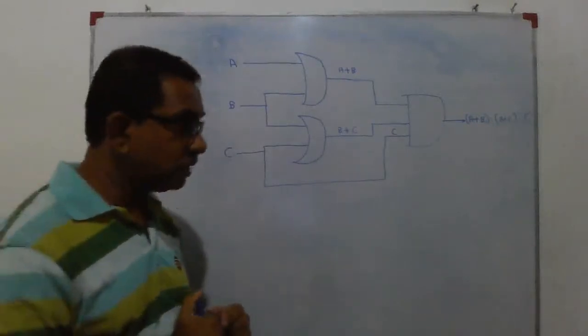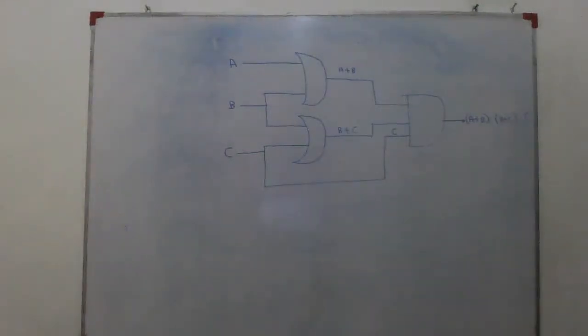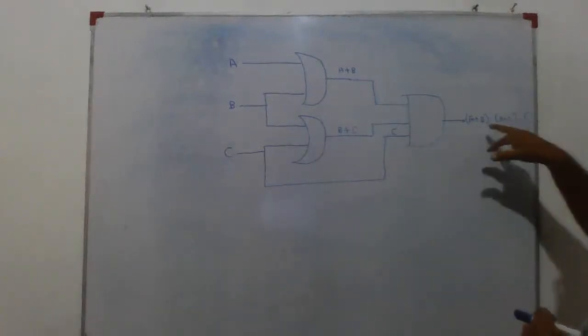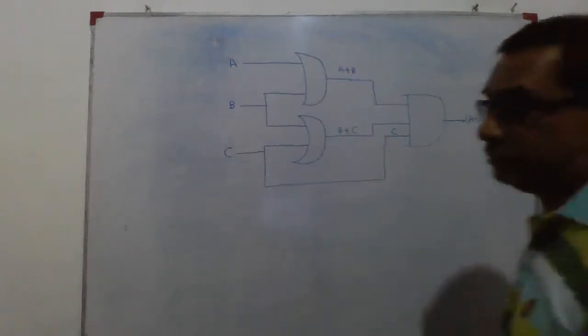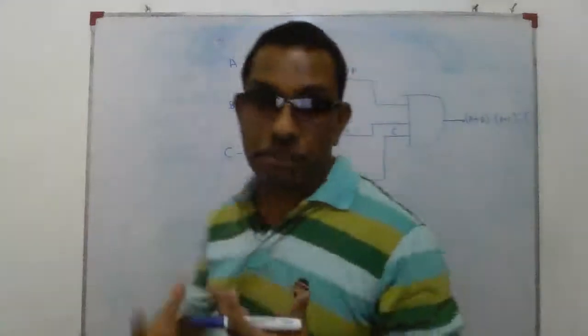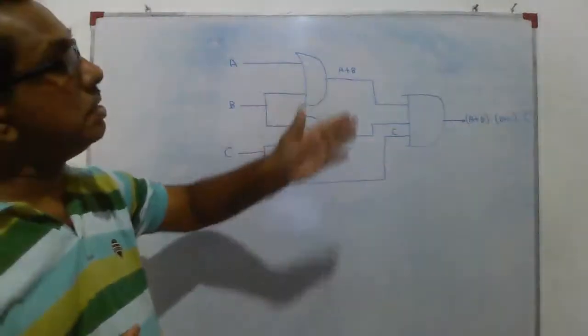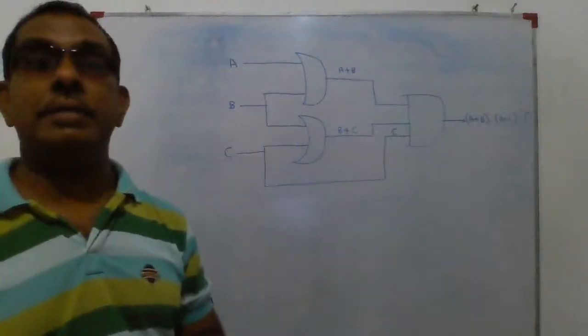Now, when you see the style here, when you see the final equation, you will understand it as a POS. It has a product of sum output, because A or B and B or C and C, like that.